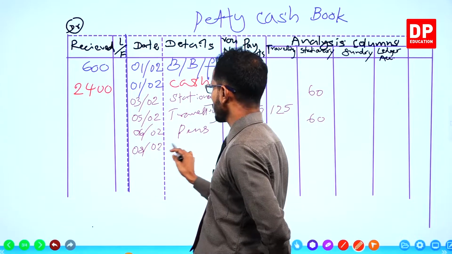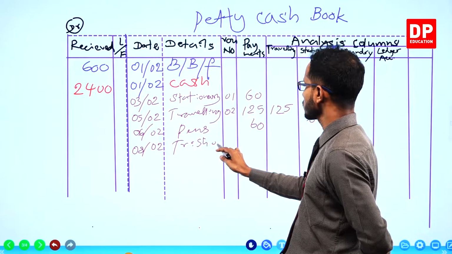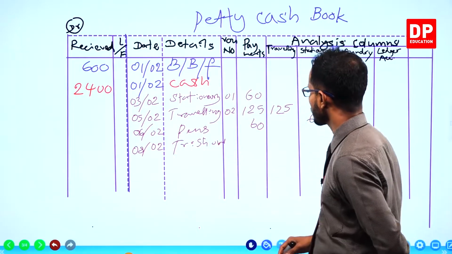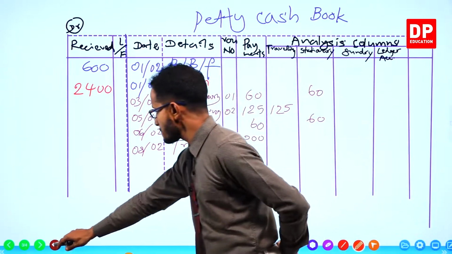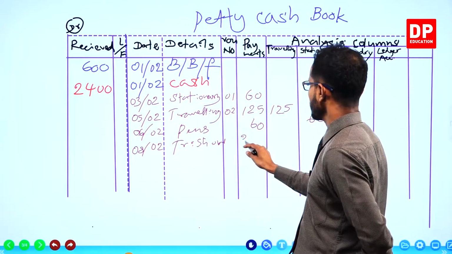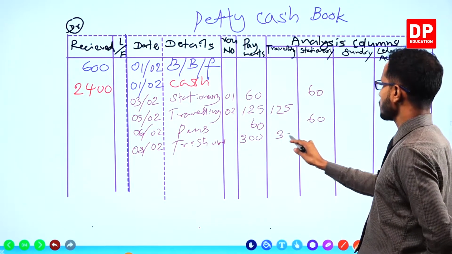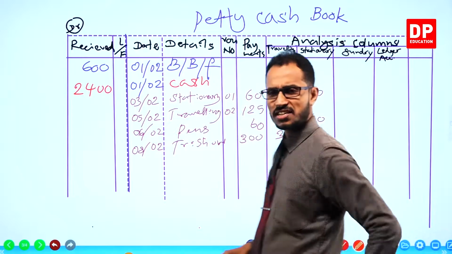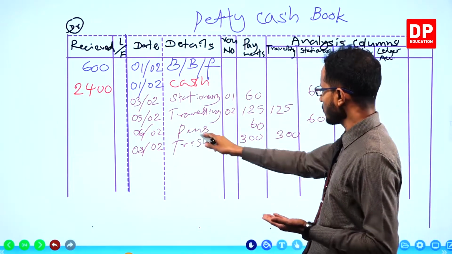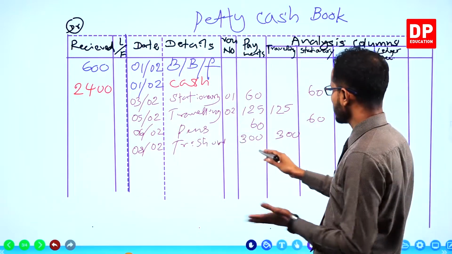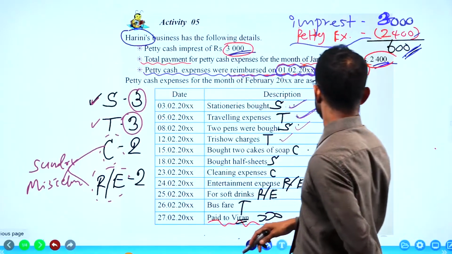Then 8th February, trishaw charges, okay, 300. In the payments column 300, and in the relevant column, which is the traveling column, 300. Just check whether the amounts are correct. I'm just putting the amounts quickly. For pens 60, and for trishaw charges 300.